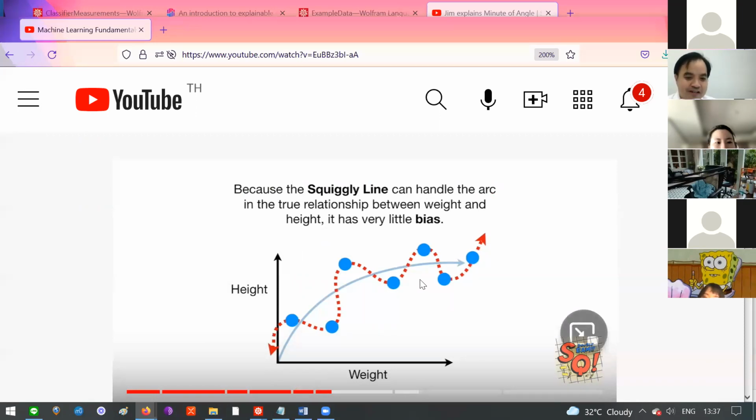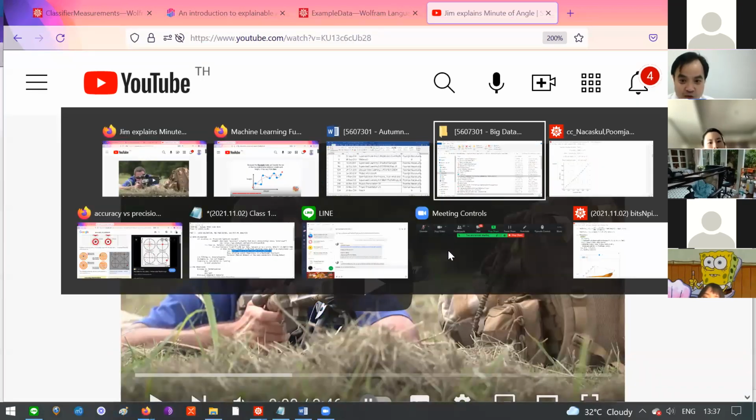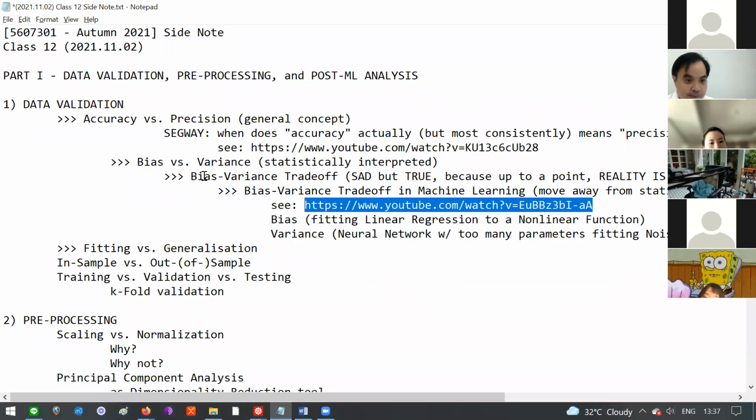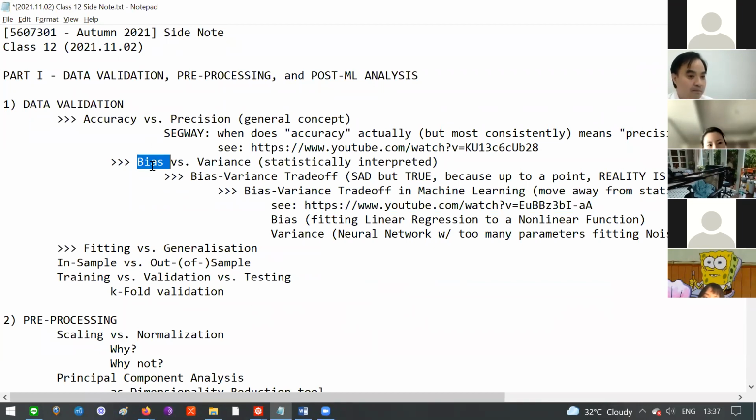Here's where you change the meaning of the word bias, right? It used to be that bias means wrong mean. Now it still also means wrong mean, but this is kind of more nebulous.